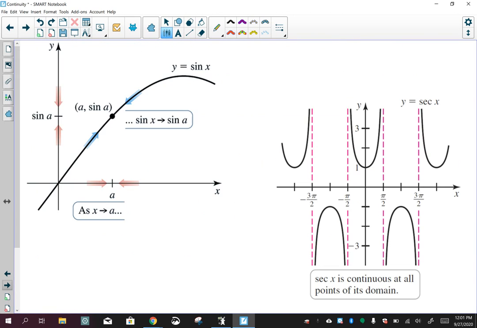So then this just kind of reiterates what we're looking at. On your sine and cosine functions, there are no breaks, there are no gaps, so you're going to be continuous everywhere. This here is a secant one. If you look at the secant, notice I have these vertical asymptotes right here at all these odd values.